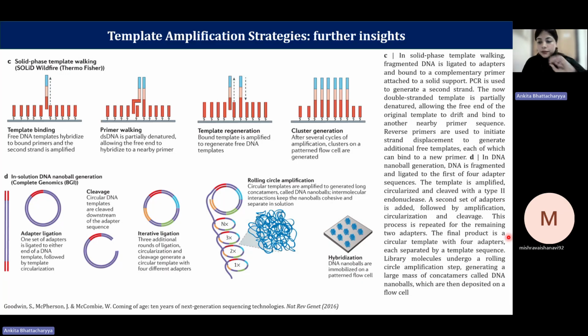So what it is giving you is a complete circular template, which will now be subjected to rolling circle amplification. So if you see here, circular templates undergo amplification to generate long concatemers called DNA nanoballs. Intermolecular interactions keep the nanoballs cohesive and separate in solution.